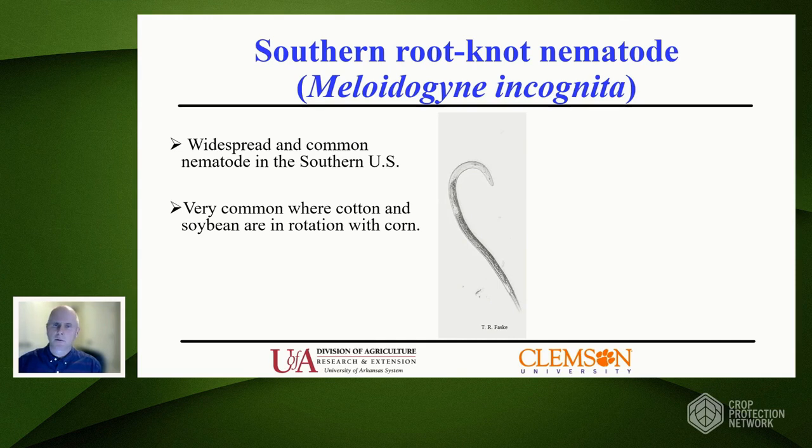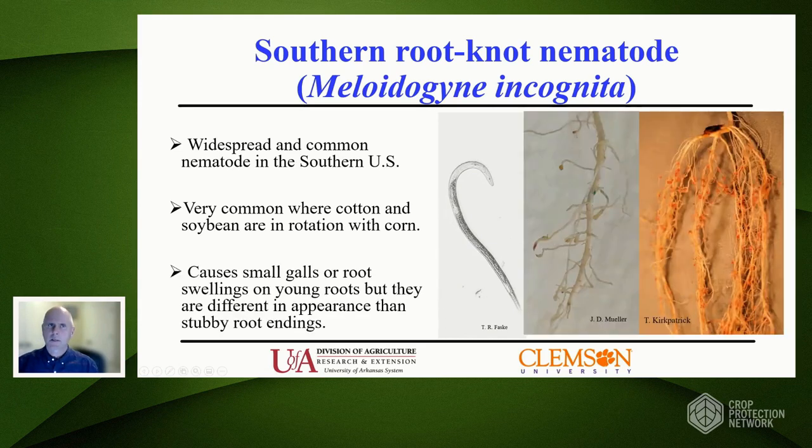Almost every cornfield that we plant in, we can certainly find southern root knot nematode. We really talk about it here more for the subsequent crop, because corn could increase those numbers. It's relatively tolerant, but it still can increase root knot for the subsequent soybean crop.